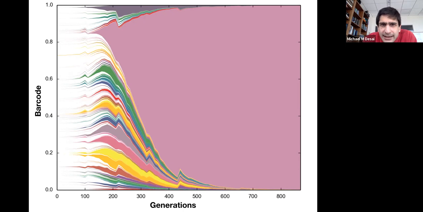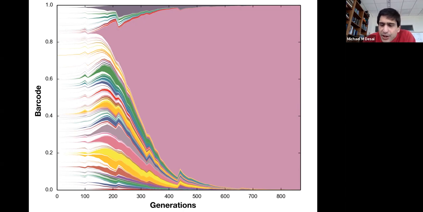Some of these lineages start to increase in frequency due to acquiring beneficial mutations or potentially due to genetic drift. And what we start to see is some of the barcodes reach a large enough frequency that we can see the lineage that has that barcode. This pink lineage will eventually sweep through the population and take over.